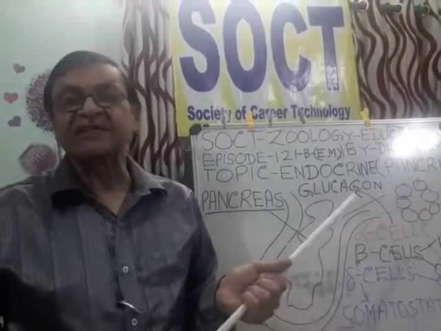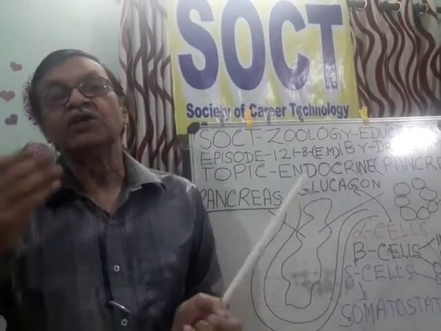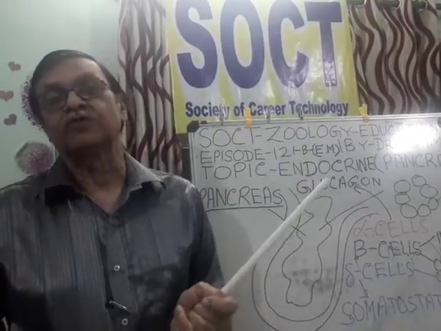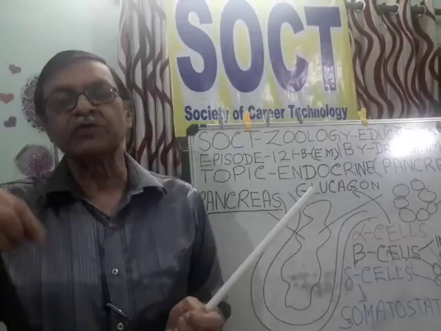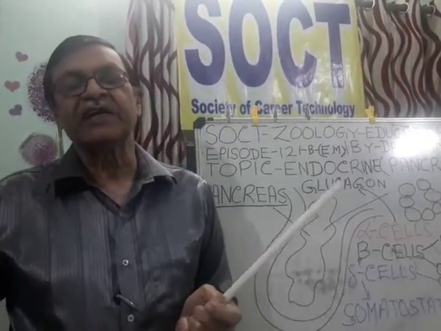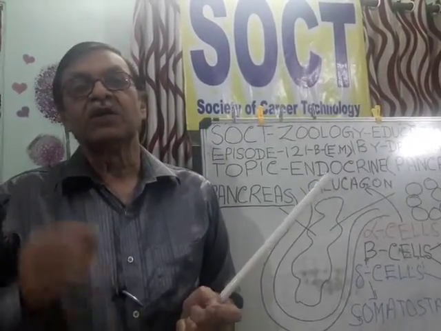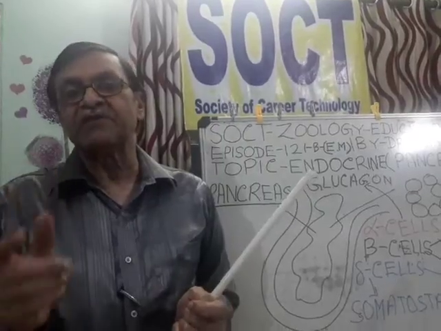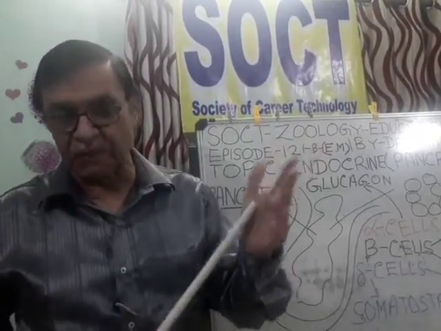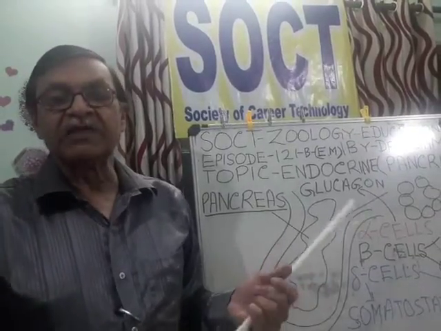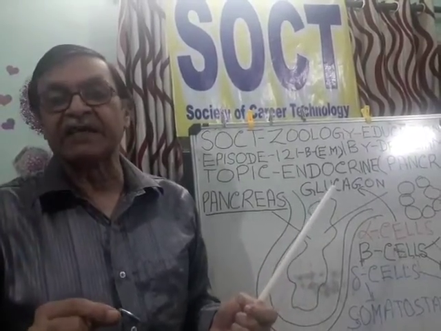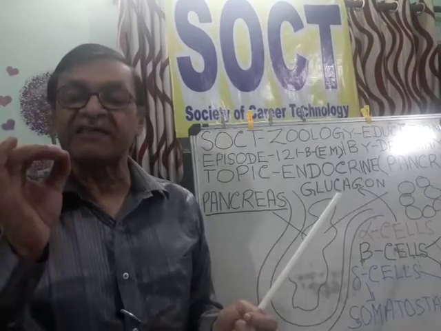In science subjects, and mainly in zoology and botany, you have to make diagrams also and describe them also. So you have to be quick and swift in making diagrams. You should know how to simplify the diagrams described in the books.